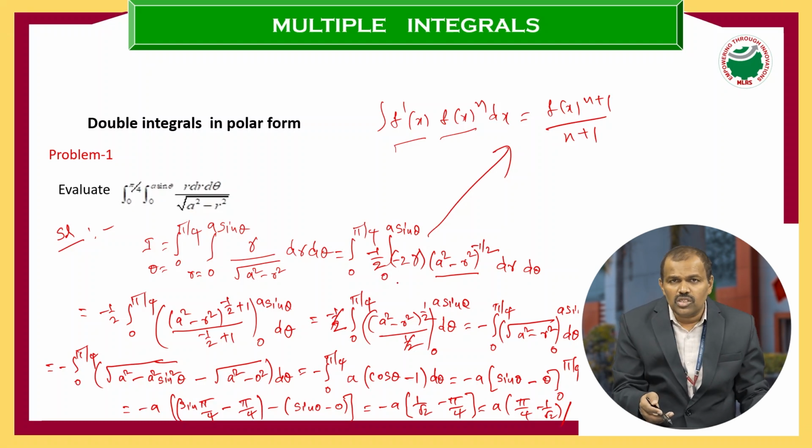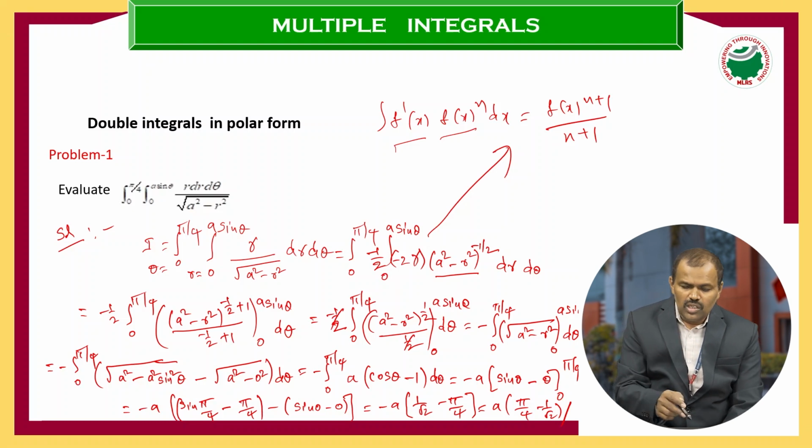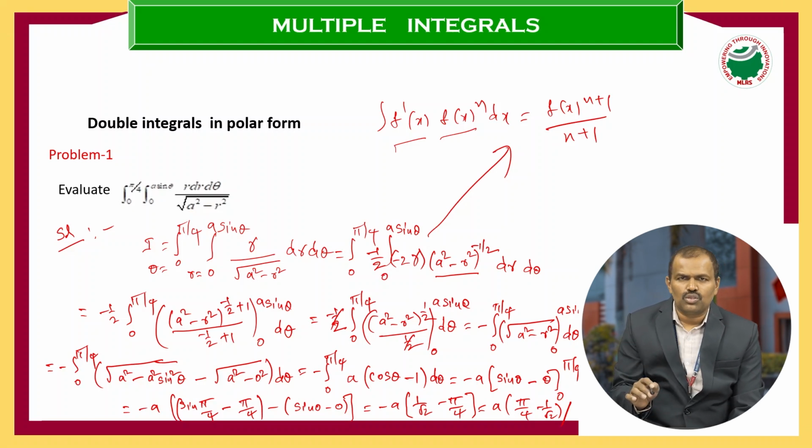So minus 2 is not there, that's why we multiply and divide with minus 2. So minus 1 by 2 into minus 2r, a square minus r square whole power minus 1 by 2 dr d theta. Then power n plus 1, minus 1 by 2 plus 1 becomes 1 by 2, 1 by 2 and 1 by 2 cancel, then we get power 1 by 2, which is nothing but square root.